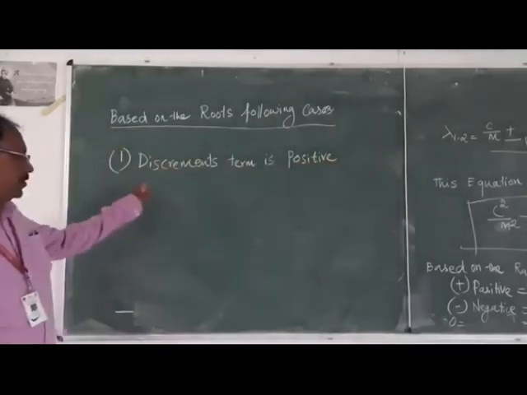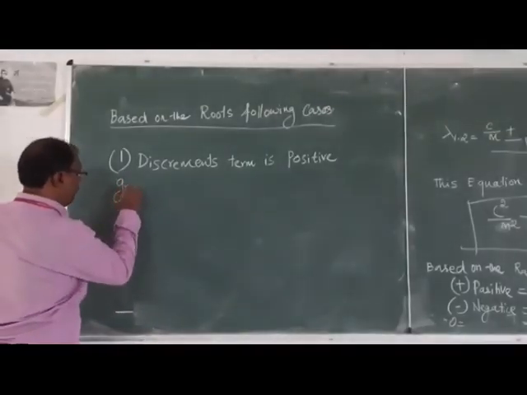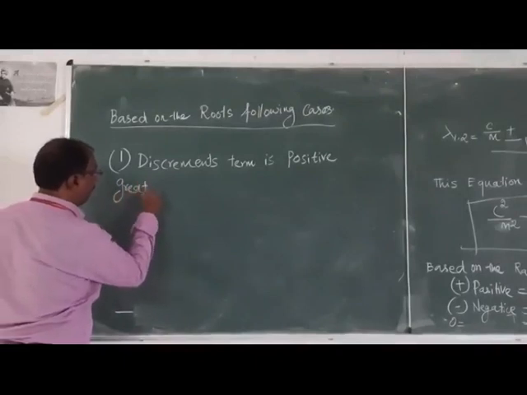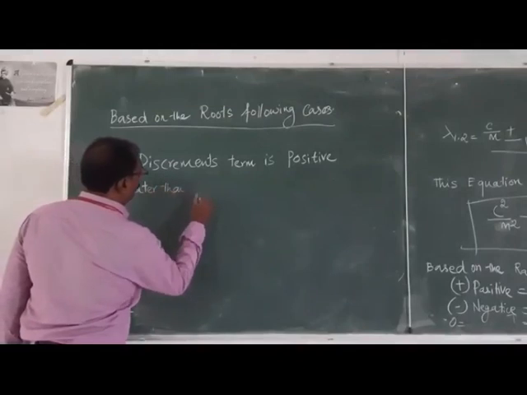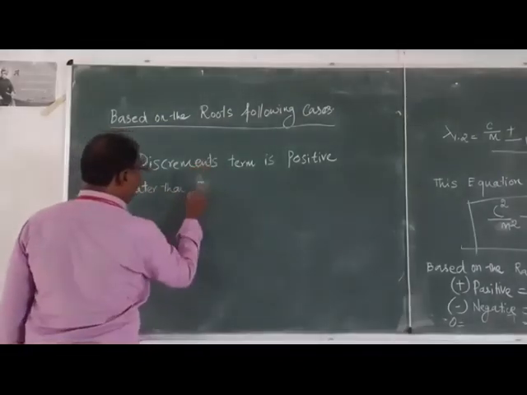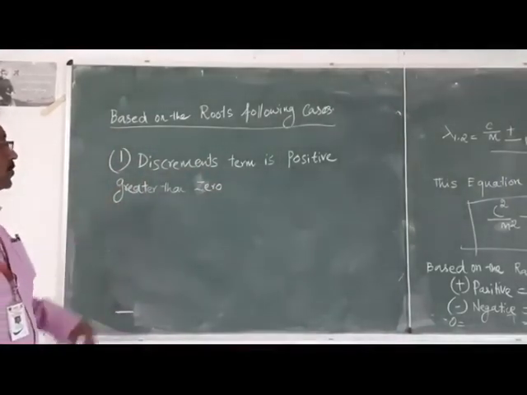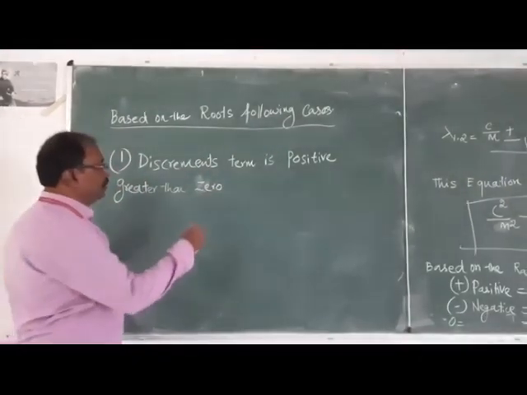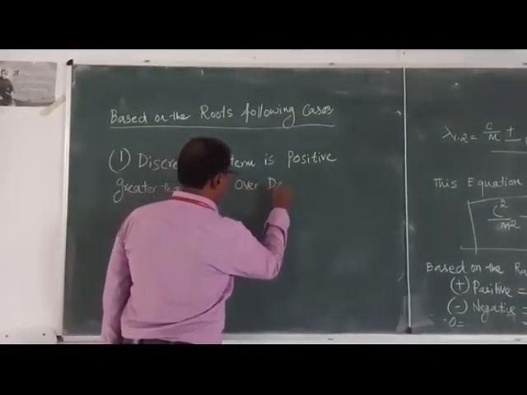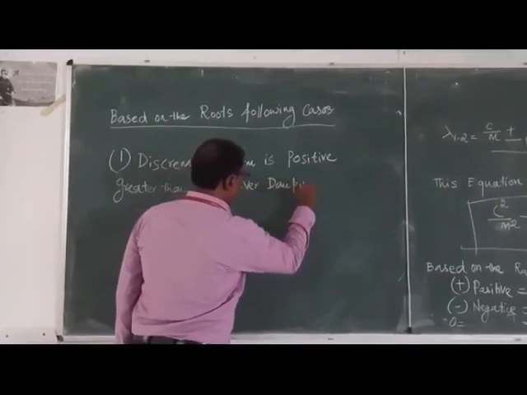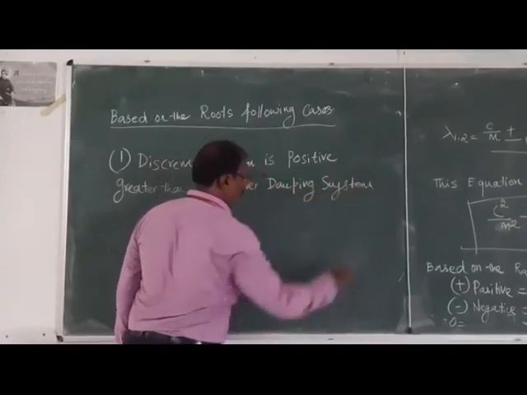The discriminant term is positive, greater than 0. Sorry, greater than 0, then it is called an overdamped system.